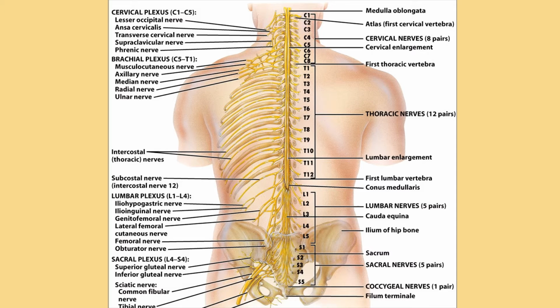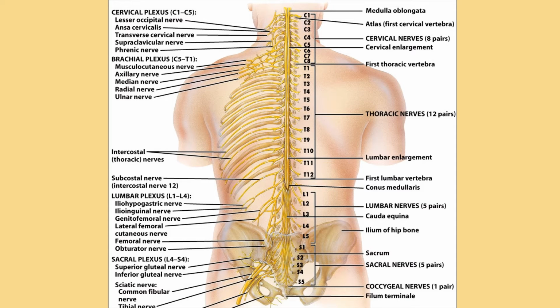And then each vertebra is given a number. I thought there was a mistake in this image, but it's pointing out the pair of spinal nerves. So for each segment of the spinal cord, there is a pair of spinal nerves that emerges or connects to the cord, depending on your perspective, between the neighboring vertebrae.